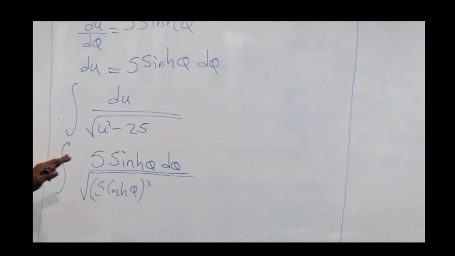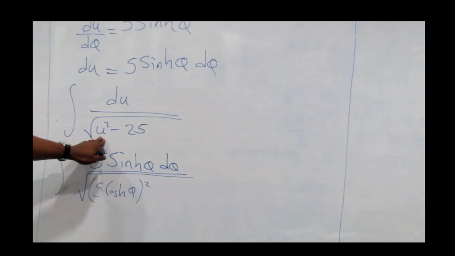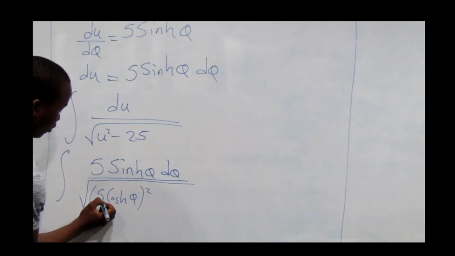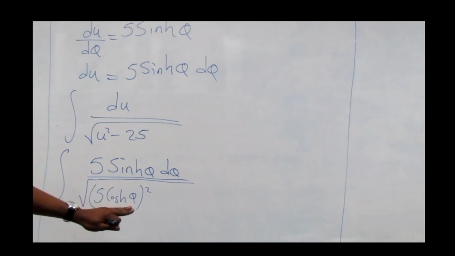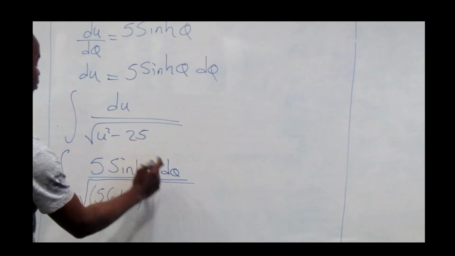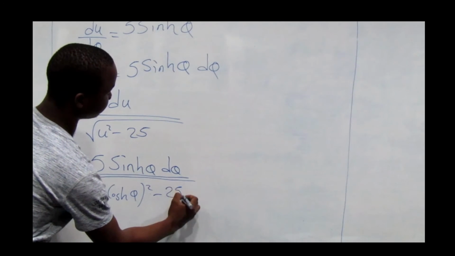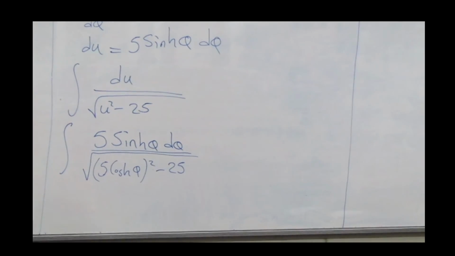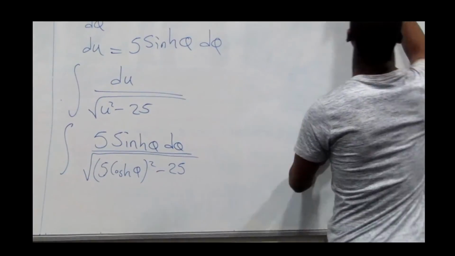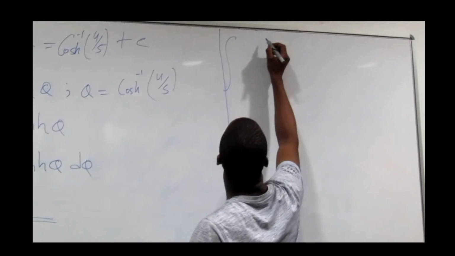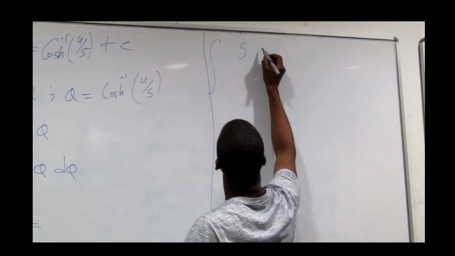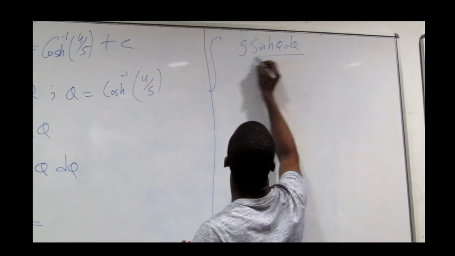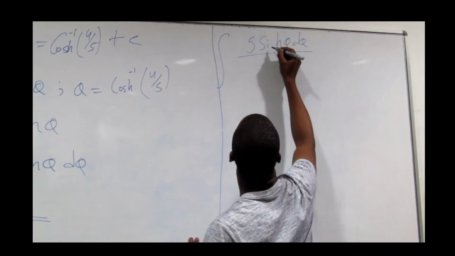Because they say u square, we are going to square the whole of it, then minus 25. Then from here, you can simplify it. When we simplify it, it's going to be 5 sinh theta d theta divided by this.